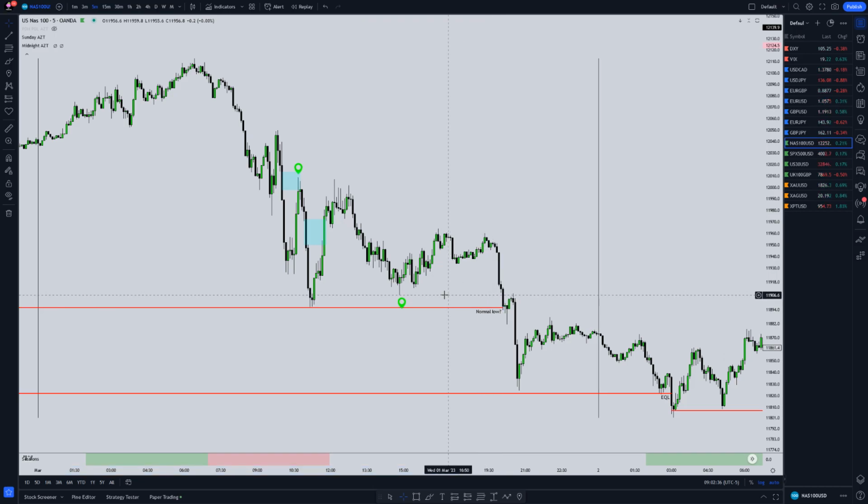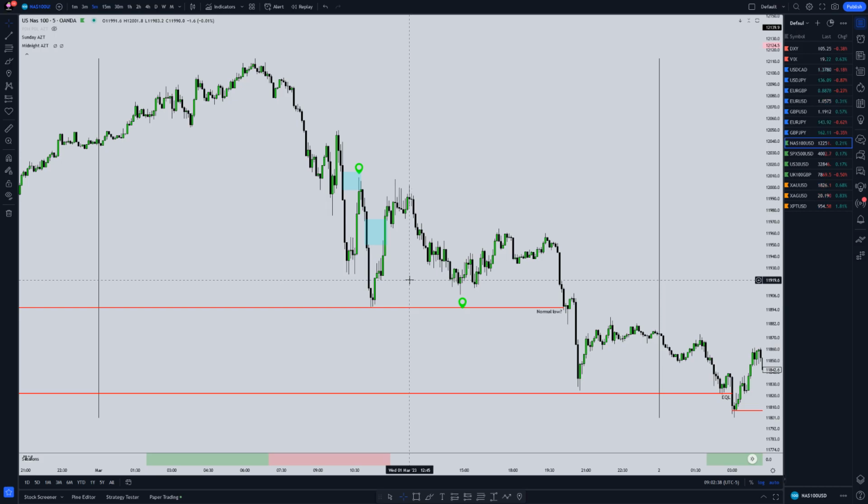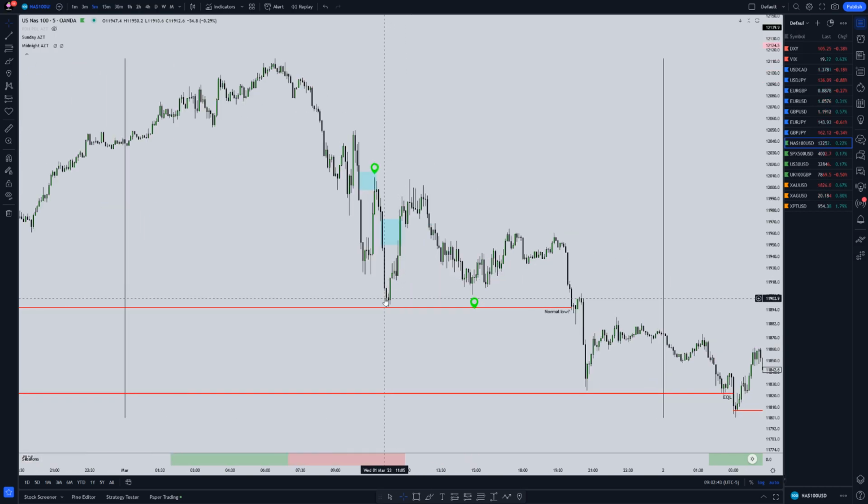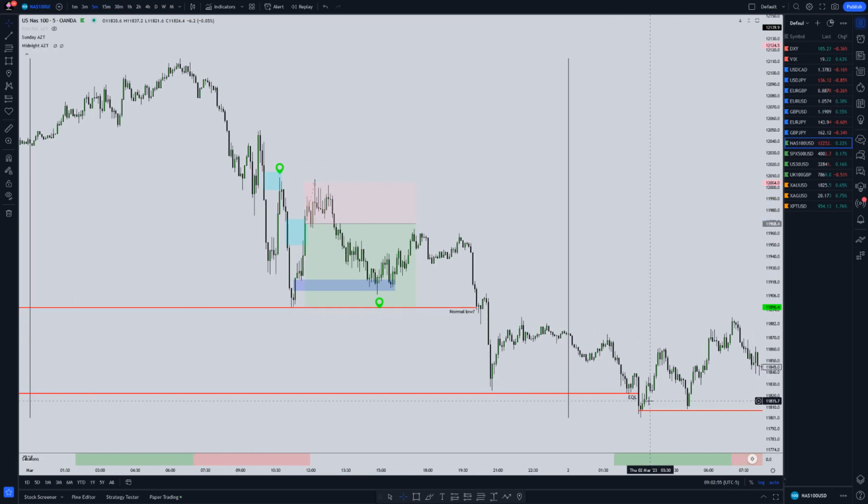Gotcha. If price reaches a partial location, let's say I want a partial at this gap in here. We've got a short in there. Our main objective is this. Oh, we've got an equal low down here.